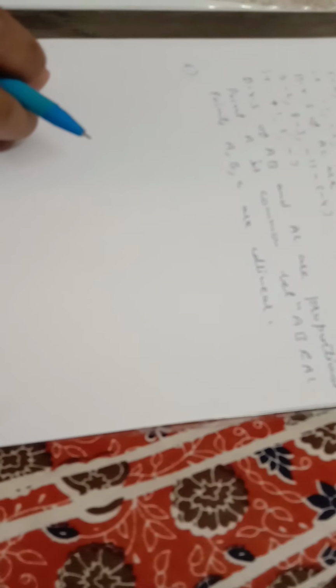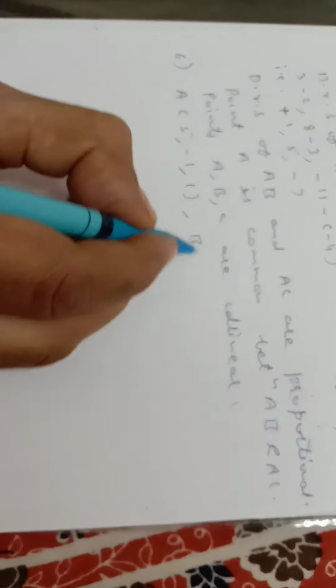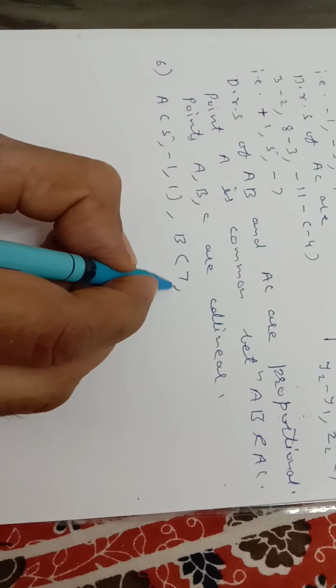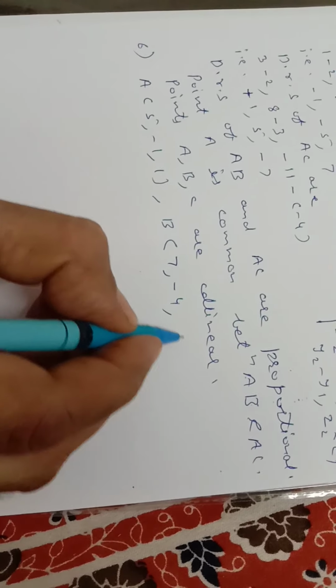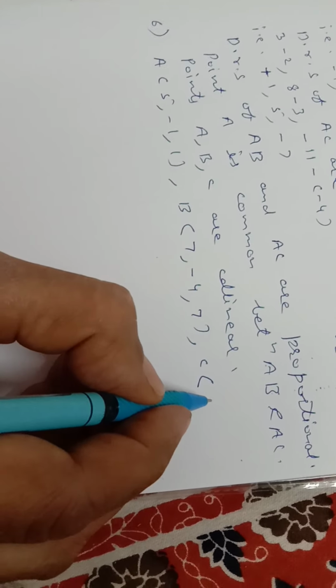Now let us see another example. Show that 4 points, whose coordinates are given, every point has 3 coordinates, means these are points in space.